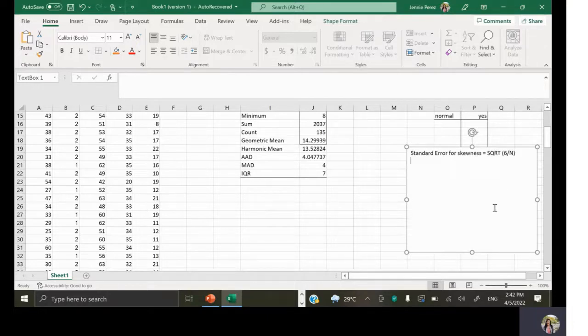Then the standard error for kurtosis is the square root of 24 over n. N is equal to the count of samples.